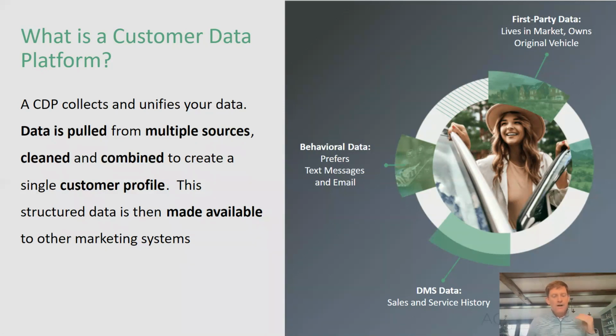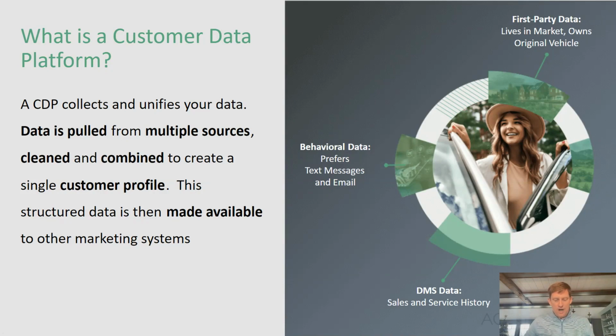So when we think about collecting the data, again, think of the CDP as the central hub or the base camp to store all of the first-party data, all of the third-party data, all of the interactions that your dealership has today or will probably have tomorrow. And there's going to be more data as opposed to less data as we continue to move forward with this, right?